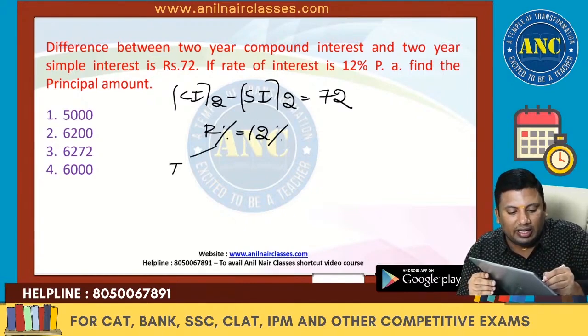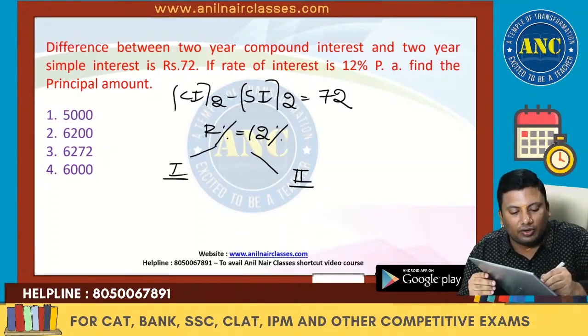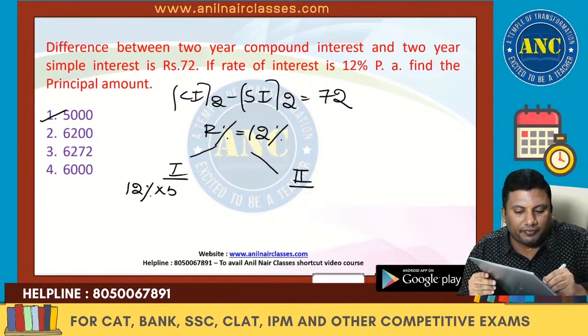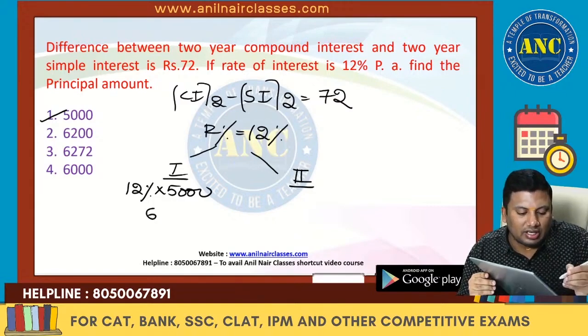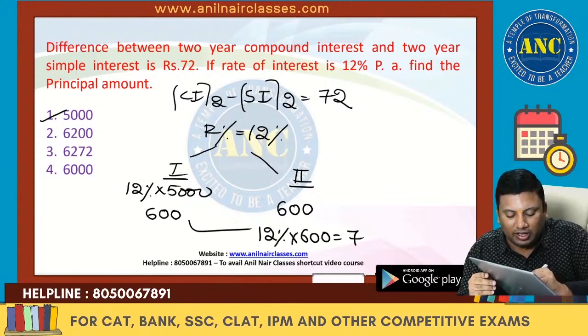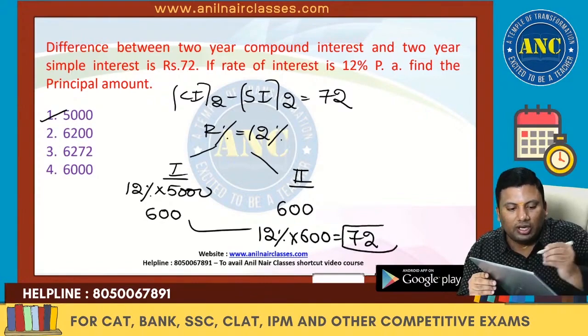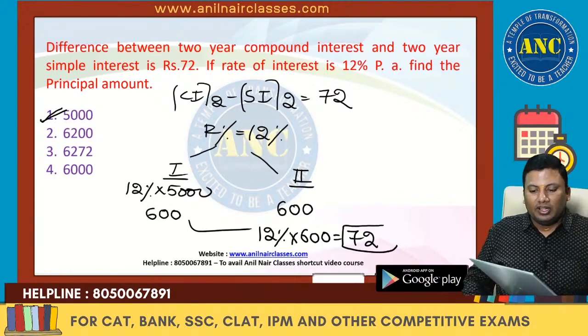Difference, right? If I take the first option, 12% of 5,000, traditional method, 12 into 500 is 600, and 12% of 600 is 72. 72 is what we want. So answer is 72.